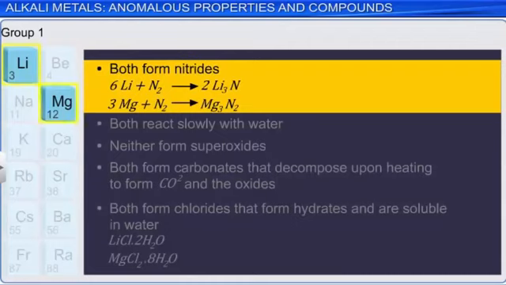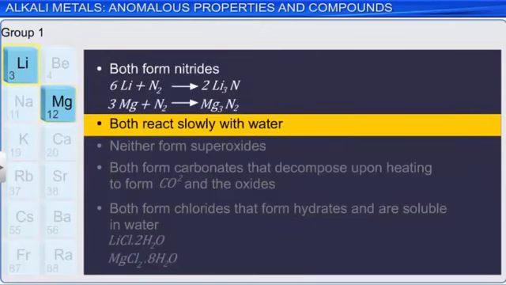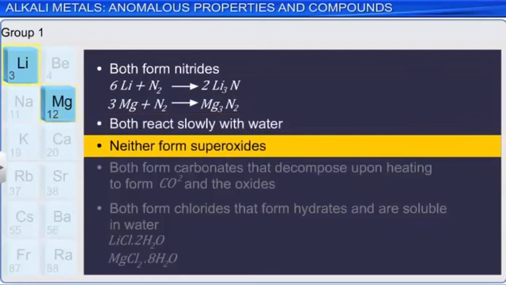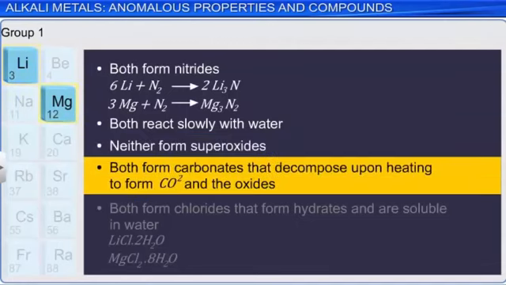Neither element forms compounds containing the superoxide ion. There are two other similarities worth mentioning about these two metals. First, their carbonates, when heated, decompose to form a metal oxide and carbon dioxide. Both the metals form water-soluble chlorides that are found as hydrates.